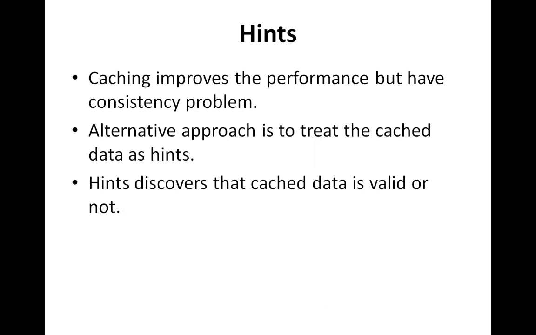So for that, another approach is used, and that approach is to treat the cache data as hints. In this particular case, the cache data are not expected to be completely accurate. However, the valid cache entries are going to improve the performance substantially without incurring any cost of maintaining cache consistency.